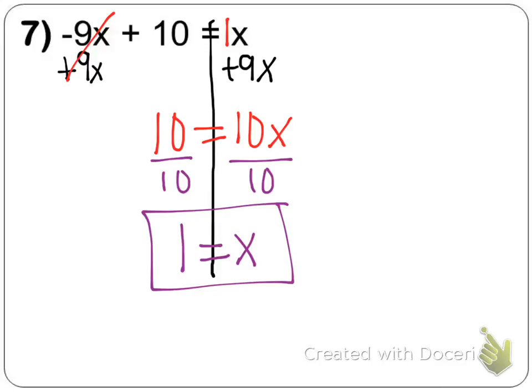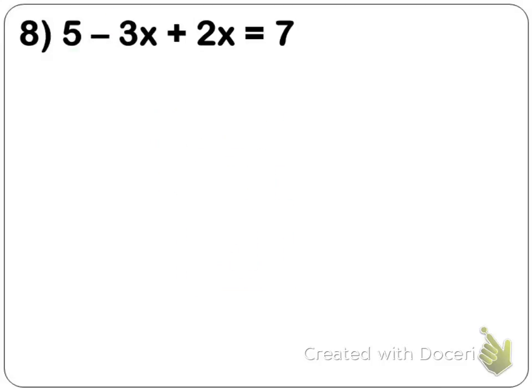All right. Here's our last example of the day. How should I start this one? Careful, you want to combine these, but it's actually a negative 3x plus 2x.